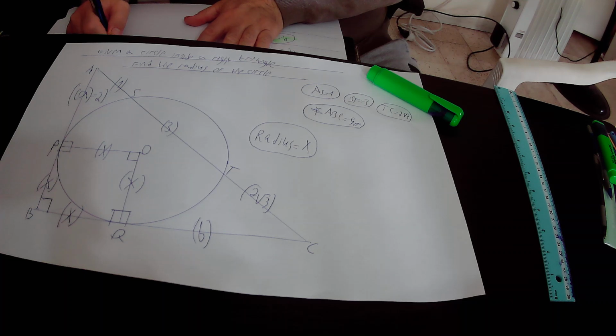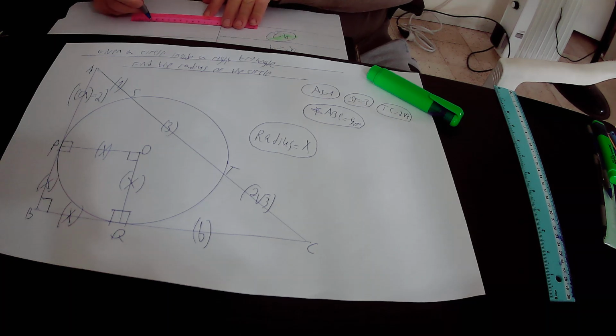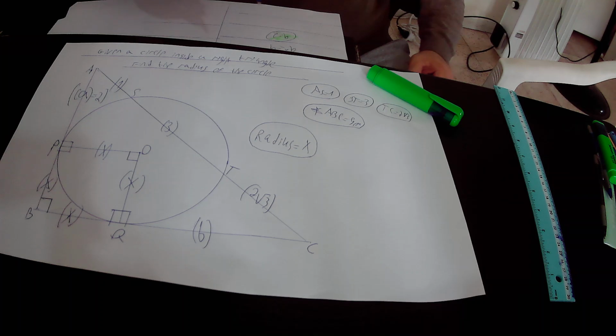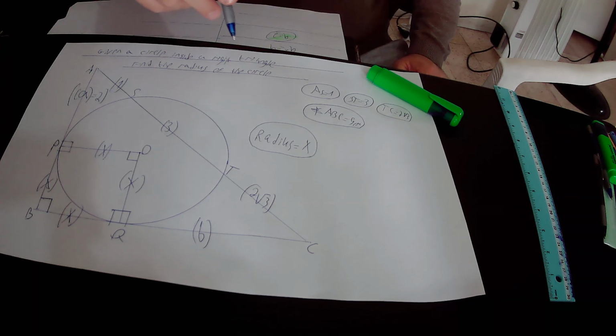Therefore we can implement rule 10. According to rule 10, CQ square equals CT times CS.